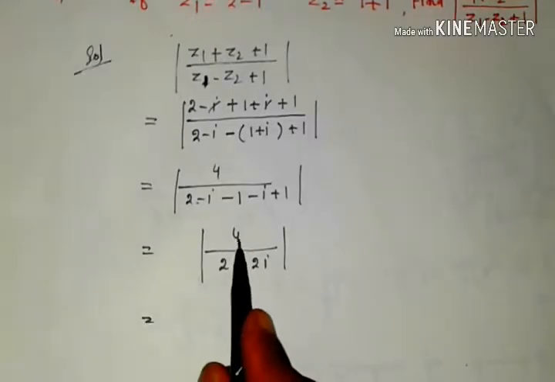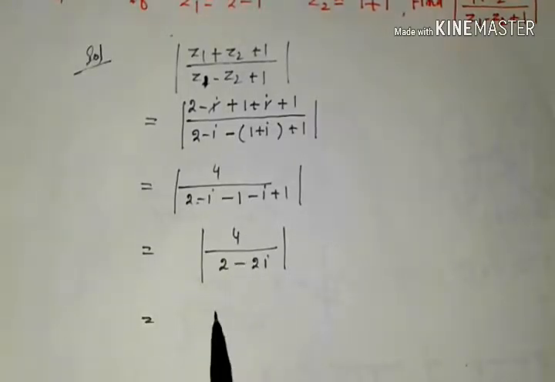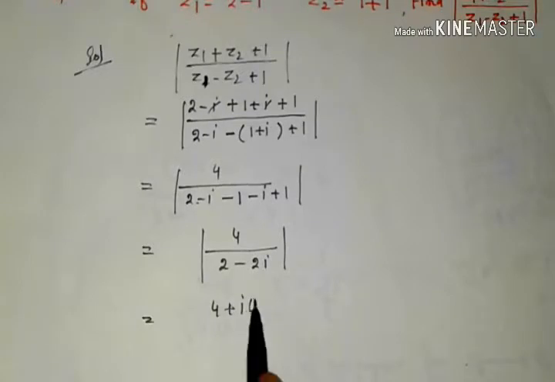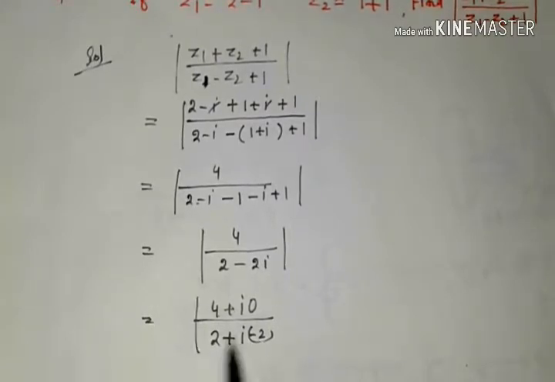We can make it in a plus ib form. That is 4 plus i0 in the numerator, and 2 minus 2i in the denominator. This is a plus ib form, this is also a plus ib form.